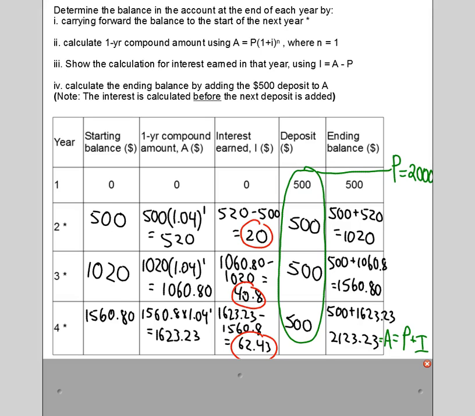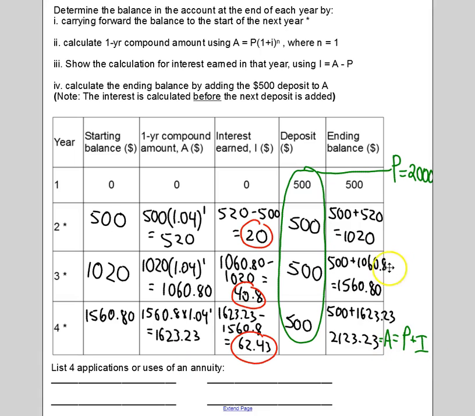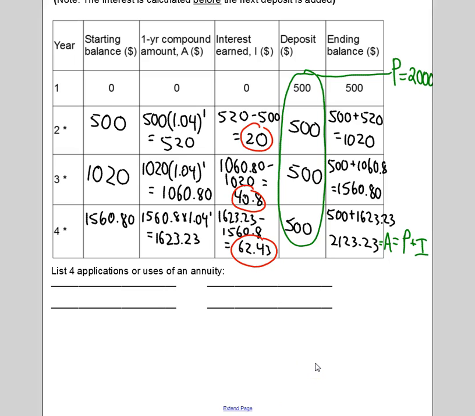So with an annuity, there's many possibilities that we can consider as far as applications or uses of an annuity. We've considered here, this would be sort of a savings plan of sorts. So savings plan, we can have long-term investments if we're saving for retirement. In this case, in the short term, it might be just saving for a little bit of tuition later on.